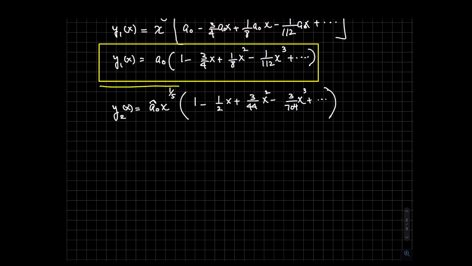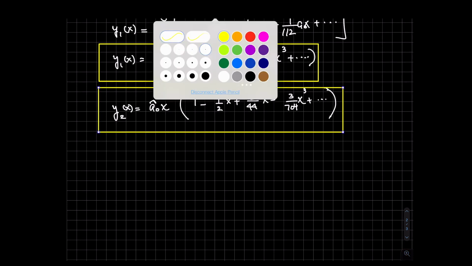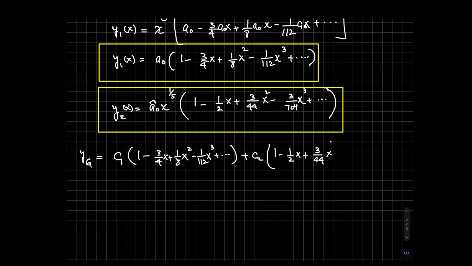So when you're actually writing the general solution, you could just say y sub g, general solution is just C1 y1, which is 1 minus 3/4 x plus 1/8 x squared minus 1/112 x cubed, and so on, plus C2 times the second solution, which is 1 minus 1/2 x plus 3/44 x squared, and so on.